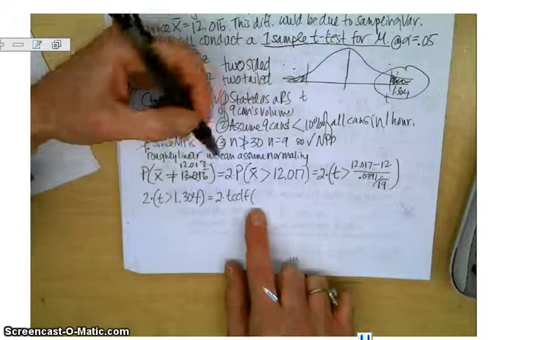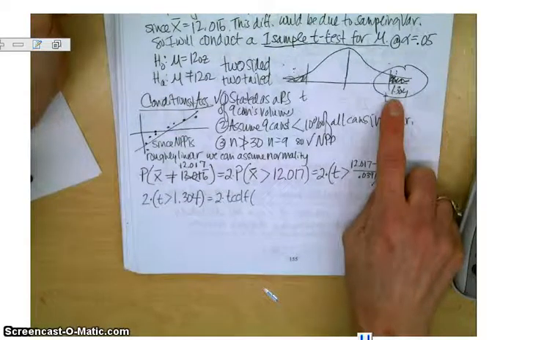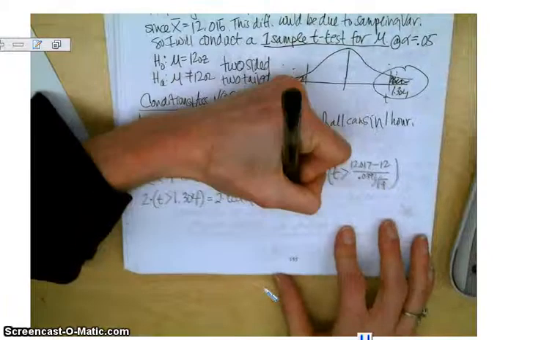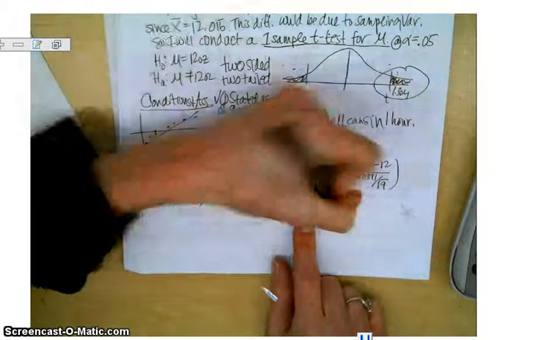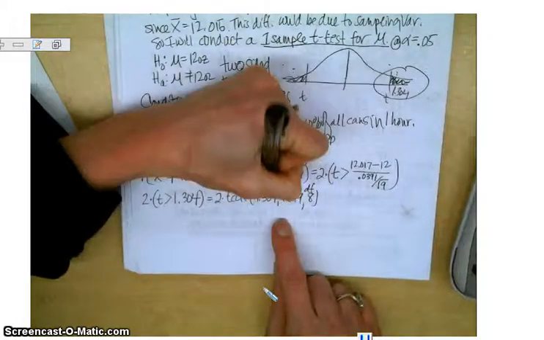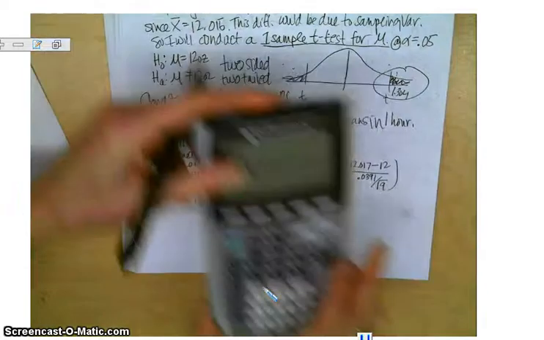Okay, so TCDF, what's my lower bound? 1.304. What's my upper bound? Infinity. And what's my degrees of freedom? 8 degrees of freedom. Lower bound, upper bound, degrees of freedom. So get your calculators out.